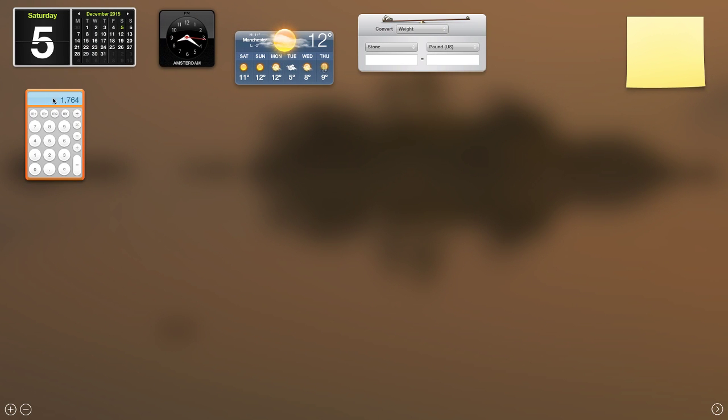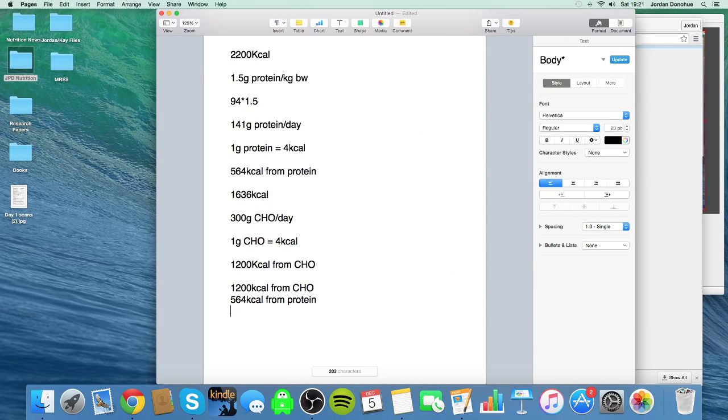So we're going to take away 1,764 from 2,200. So 2,200 minus 1,764 equals 436 calories. So we've got 436 calories left over for fat. Now, all you need is the number of calories in 1 gram of fat.